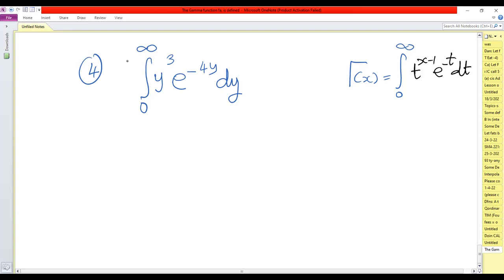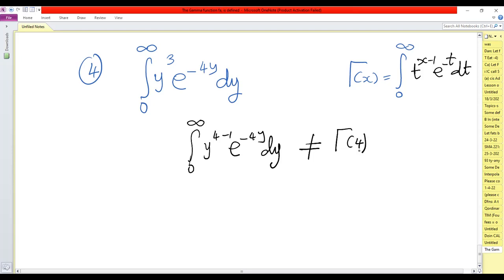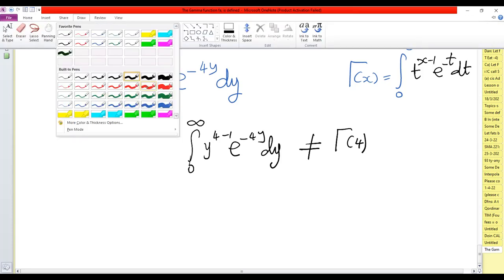But you see, if you write this as the integral from 0 to infinity of y raised to power 4 minus 1 e raised to power minus 4y dy, this is not the same as gamma of 4. So take care of that. That's not true because of this power.